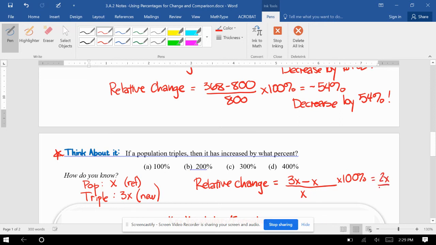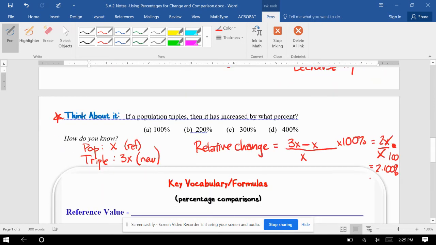And then I have my over x times 100. I'm running out of space. These x's, by the way, that's a multiply. These x's are going to cancel, which means I now have 2 times 100%. I should have given myself more space, so I apologize, which is 200%.